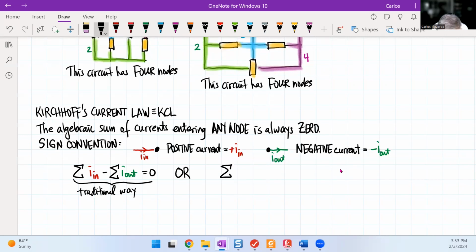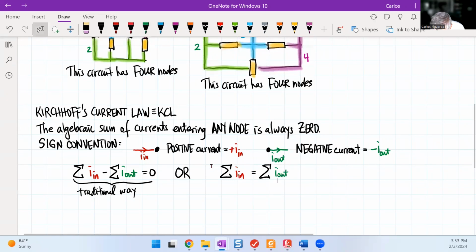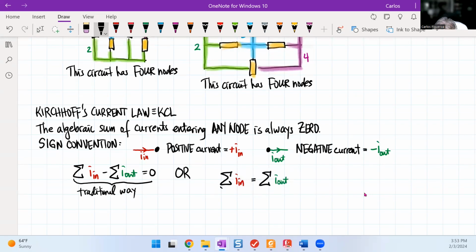However, note I can do an algebra where I bring the currents out. And I would say that this here, the current in, now equals the current out. Now, to me, this is the most useful form of KCL right here. And I would say that this right here is Carlos's way.